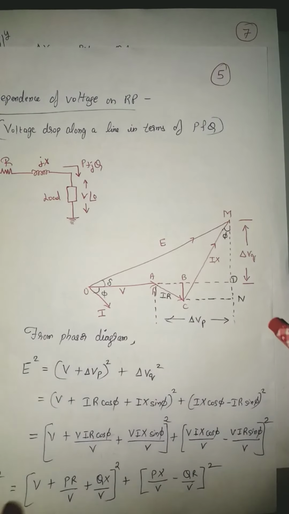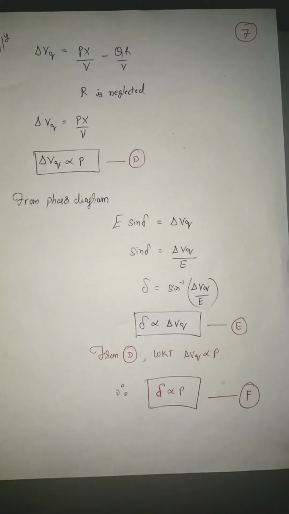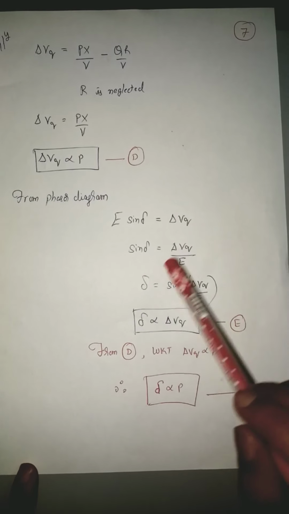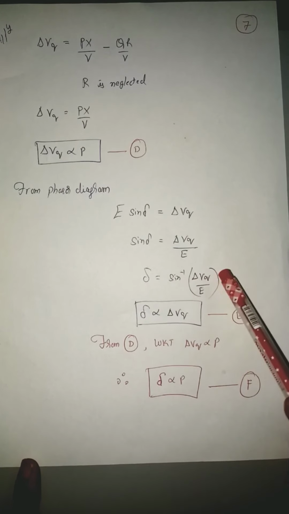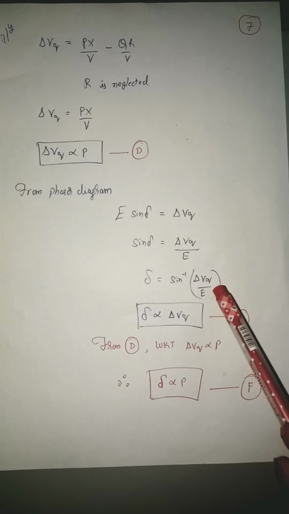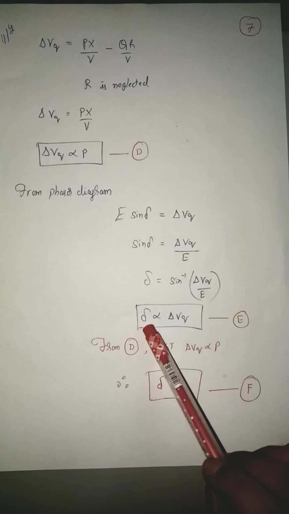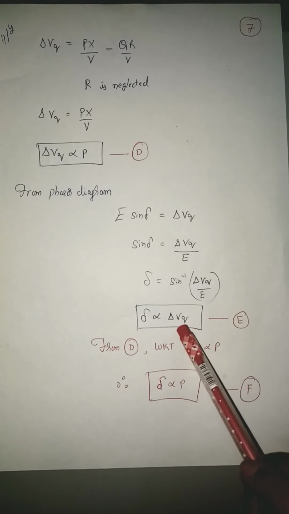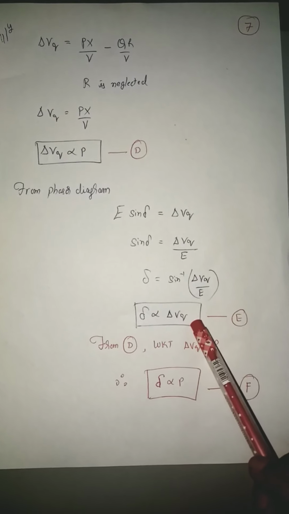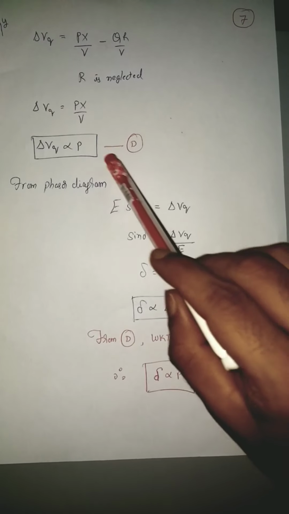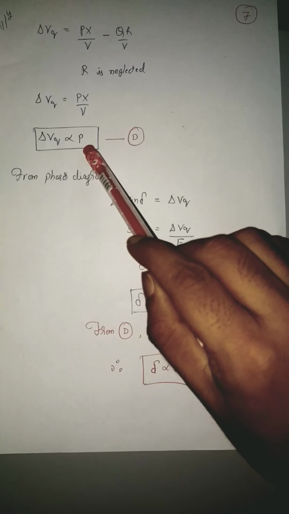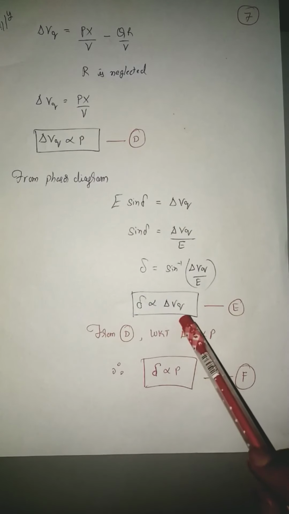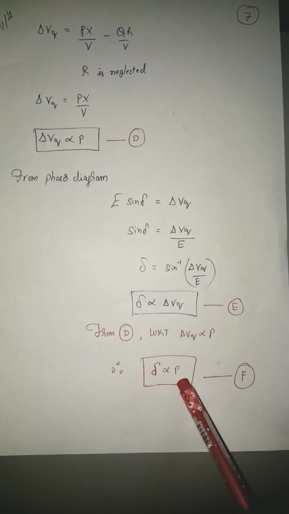So sin delta will become delta VQ by E. So delta will become sin inverse of delta VQ by E. If you take the proportionality, delta will be directly proportional to delta VQ. Already from expression D, we know that delta VQ is directly proportional to active power. So from this you can infer that delta is directly proportional to P.